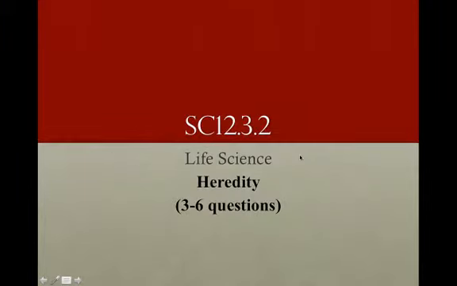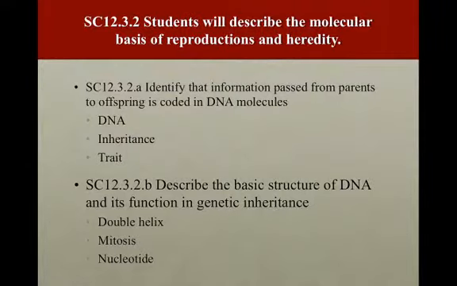Okay, 3.2 is on heredity. Remember your genetics part of biology. Punnett squares and all those good things. They show sex-linked traits.